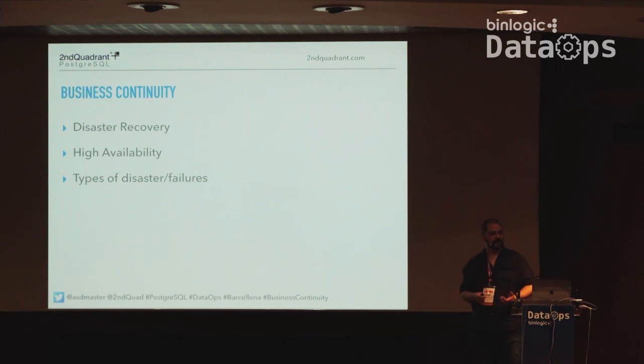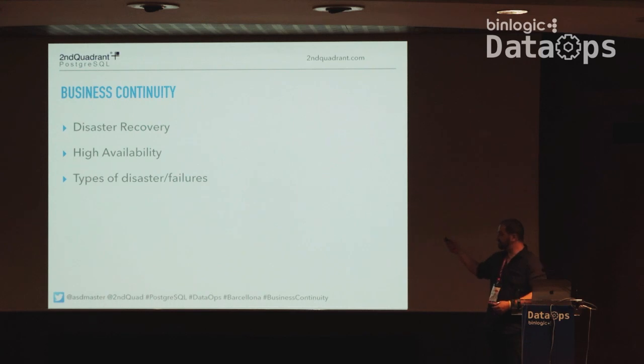And high availability is the discipline that takes care of reducing the amount of time, near 0 possibly, that it is required for you to recover your system in case of disaster, before, during, and after the disaster, okay?